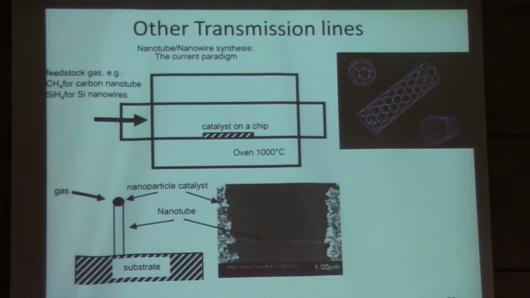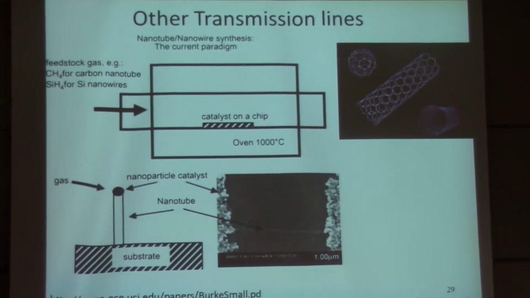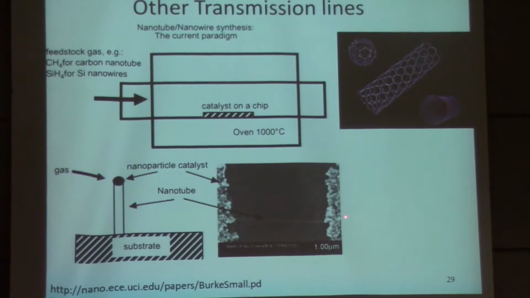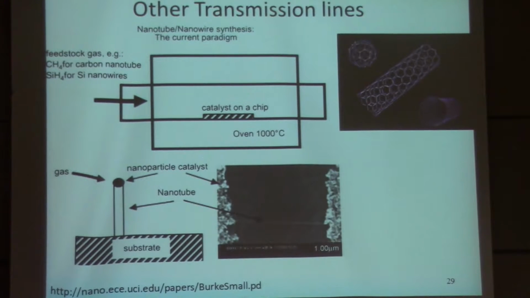People are using the transmission line to describe the carbon nanotube behavior for electrical engineers. Unfortunately, we don't have experimental verification of that transmission line model yet. If some of you can do that, that would be great. Put a line there, do the S parameter measurements, and then you could obtain the RLCG.